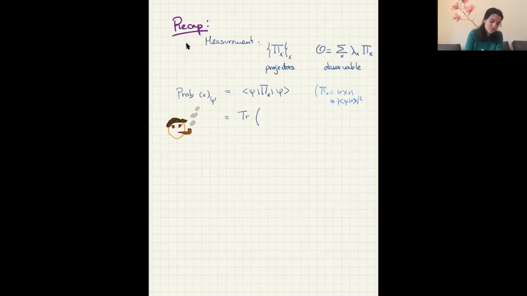Good. And now the trick is saying that this will correspond to the trace of a matrix, and the matrix is psi X. So what is the trace of a matrix?